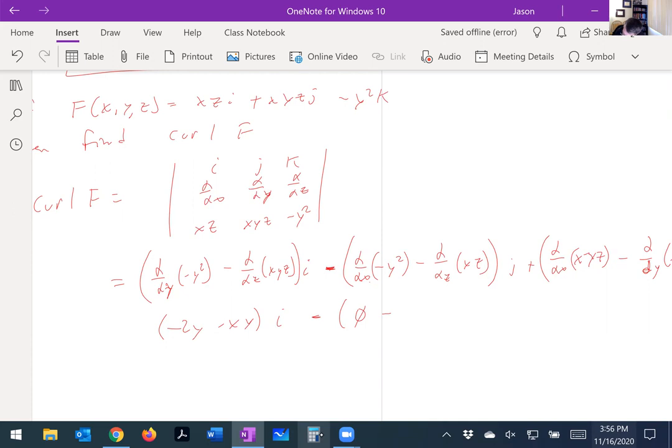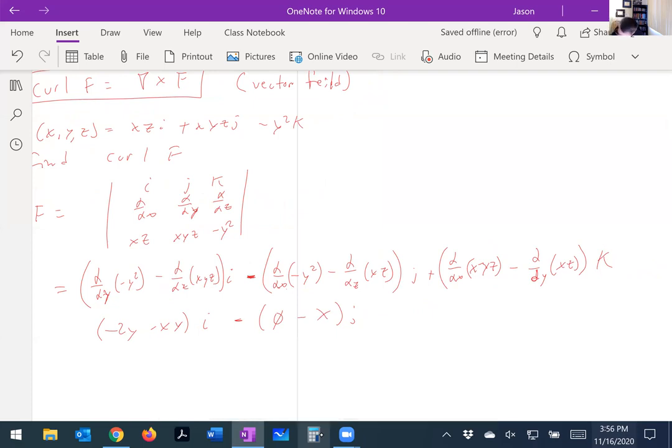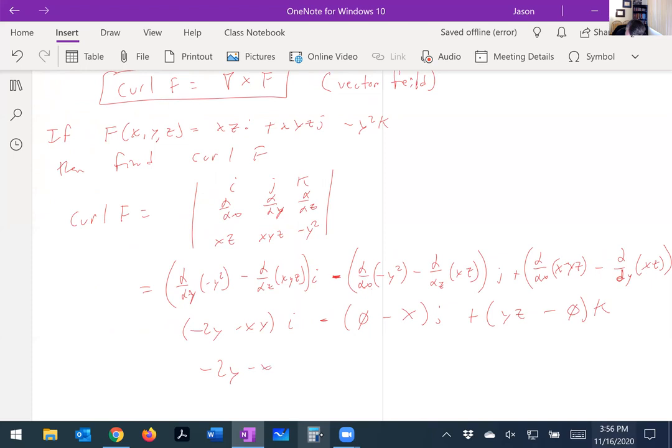So d/dz of this is going to give me x, in the j direction. And this guy here, partial with respect to x, is going to be yz, minus partial with respect to y, which is just 0. Let's clean this up. This is going to be negative 2y minus xy i, plus x j, plus yz k. And that's the curl of F.